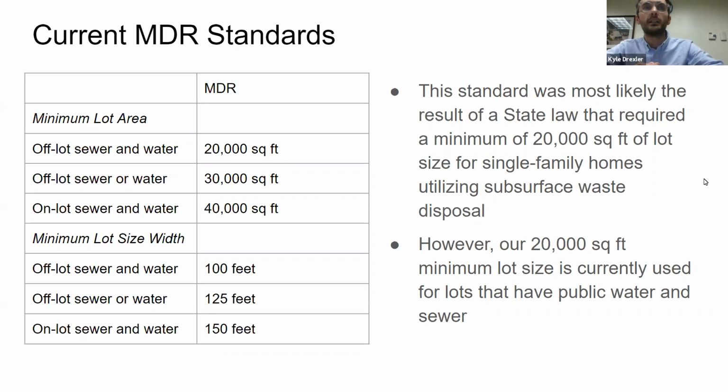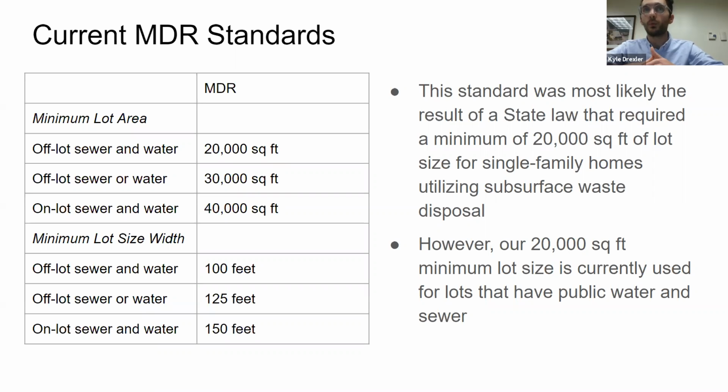So right now, the minimum lot area in the MDR is 20,000 square feet, and the minimum lot width, which is essentially frontage, is 100 feet. If you look at the lot area, the 20,000 square feet most likely comes from state law, that requires a minimum of 20,000 square feet for single family homes utilizing subsurface waste disposal.